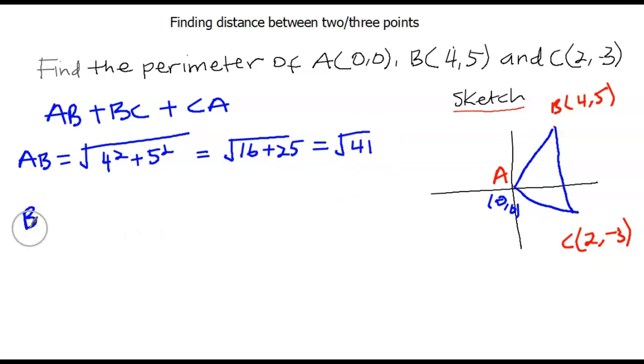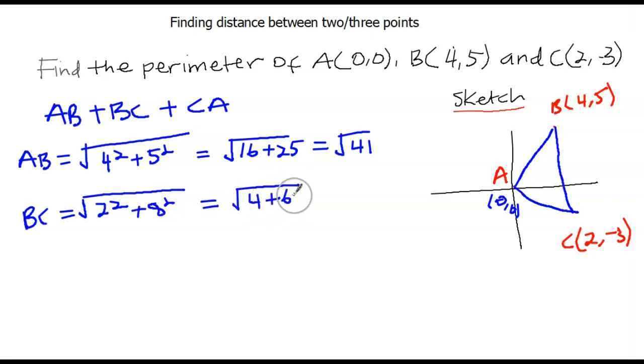And then for BC, we find the difference between x and x here, which is going to be 2, so 2 squared. Then the difference between this here, since they are opposite numbers, it's going to be added. So it's going to be 5 plus 3, which is going to be 8. So 8 squared. We get 4 and 64, which becomes square root of 68.